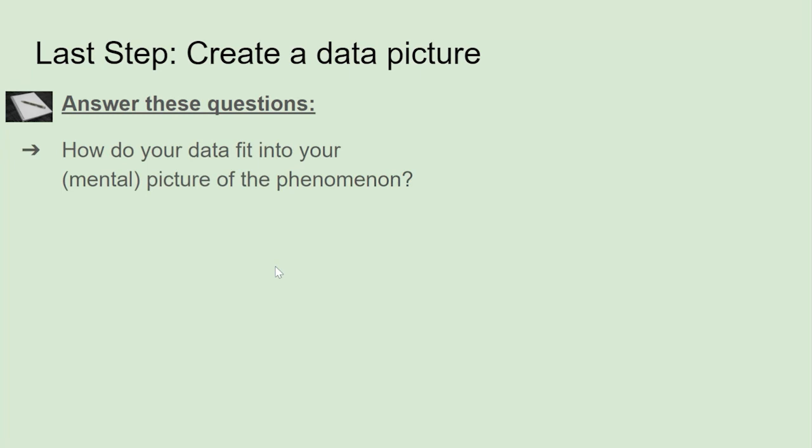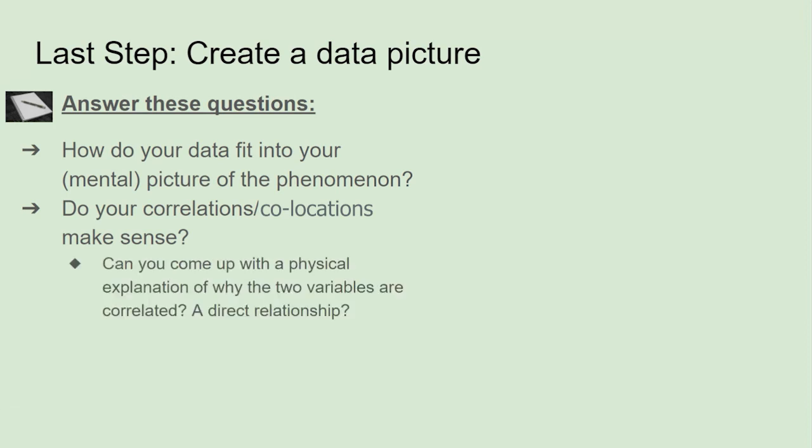So the last step, once you have the evidence, is to create your data picture. So answer these questions. How does your data or the results that you found fit your mental picture of the phenomenon? Do your correlation or collocations make physical sense? Because especially with correlations, you need to find a physical explanation of why the two variables are correlated.